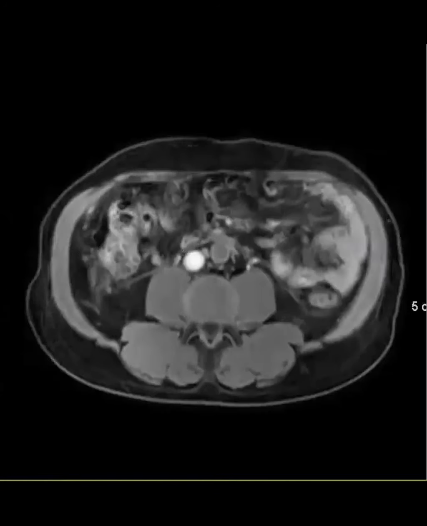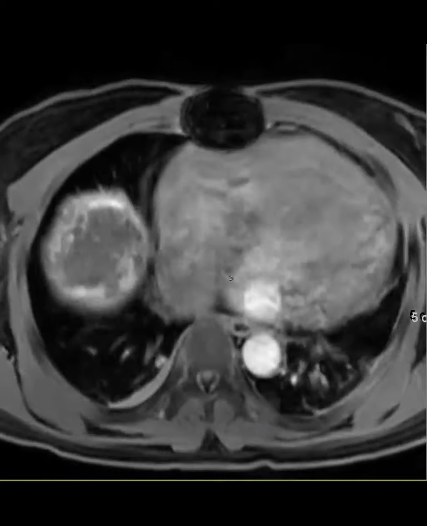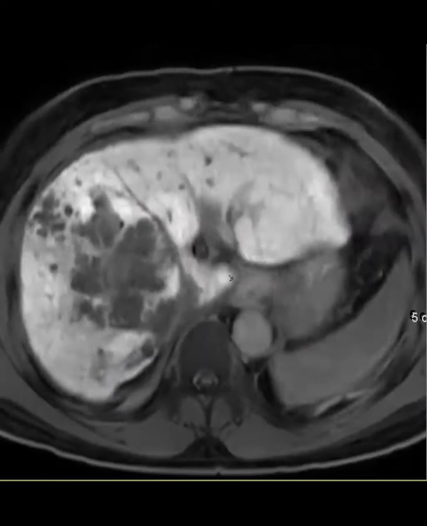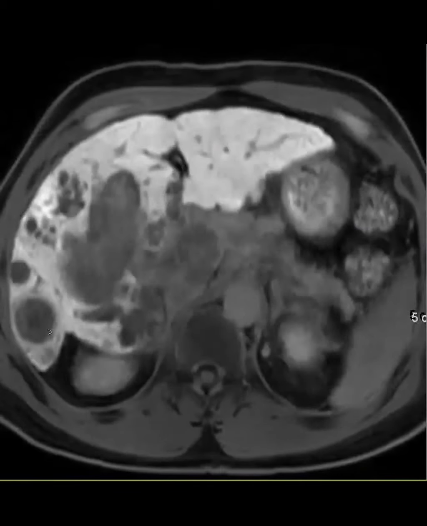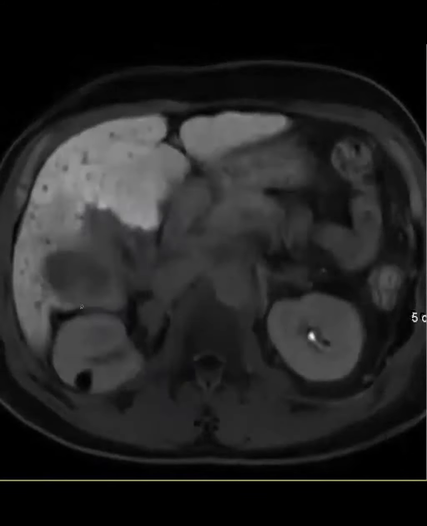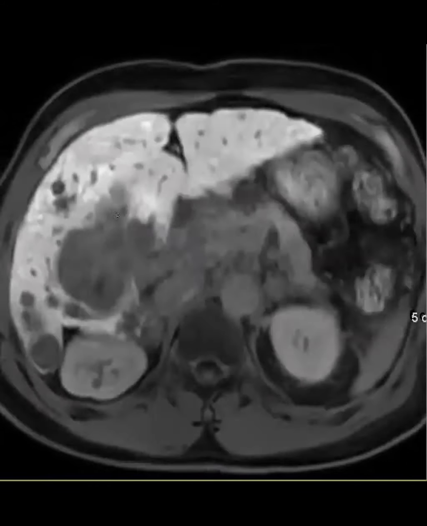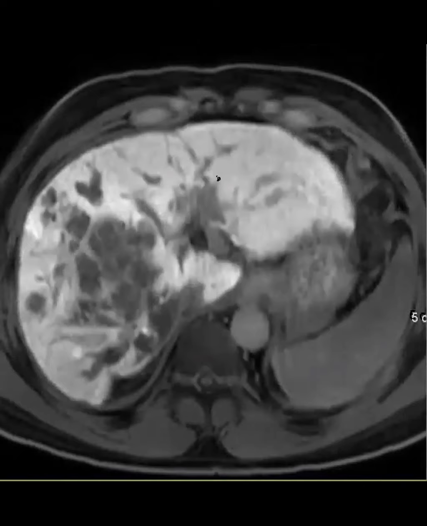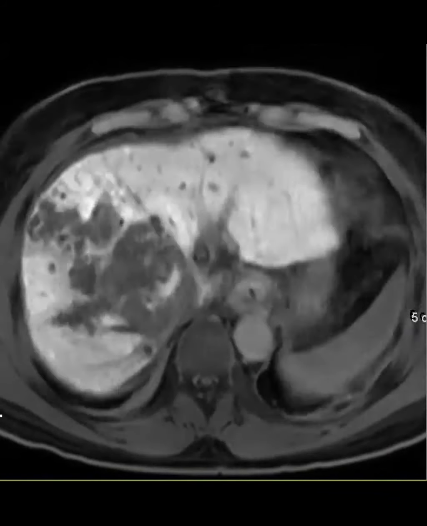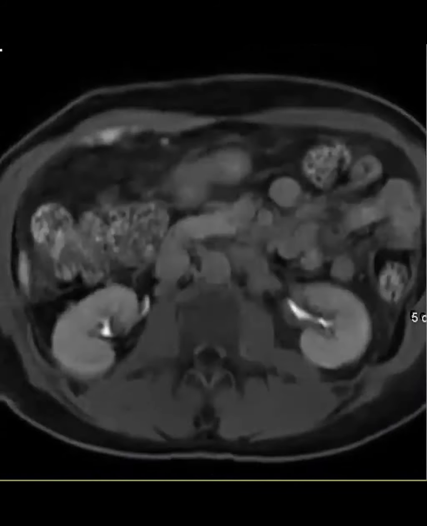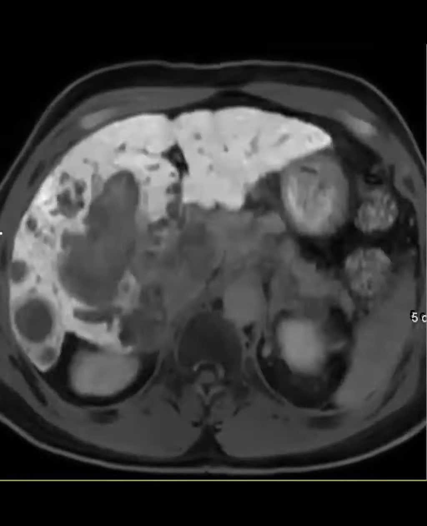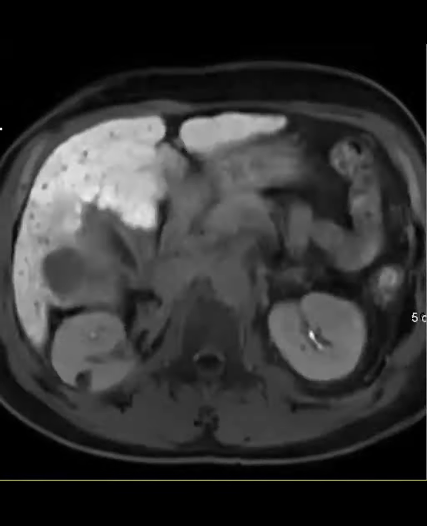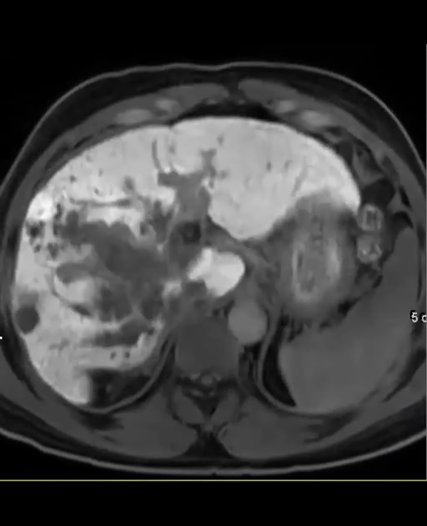And on hepatobiliary phase, you can see some of these areas also have targetoid appearance, like this one. So it's possible that some of this is a combined tumor. But at this point, he's not going to be sampled. They're going to put him on systemic therapy.